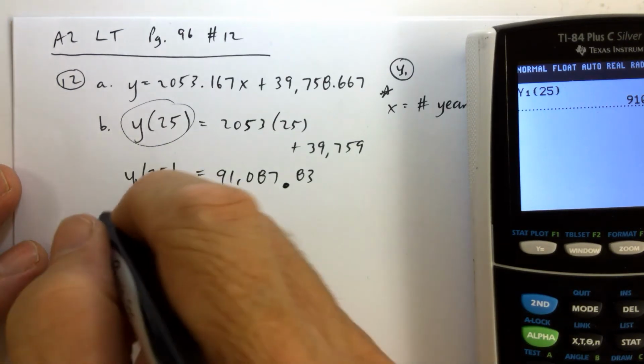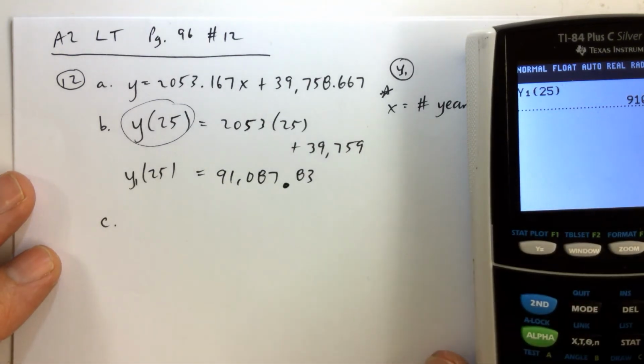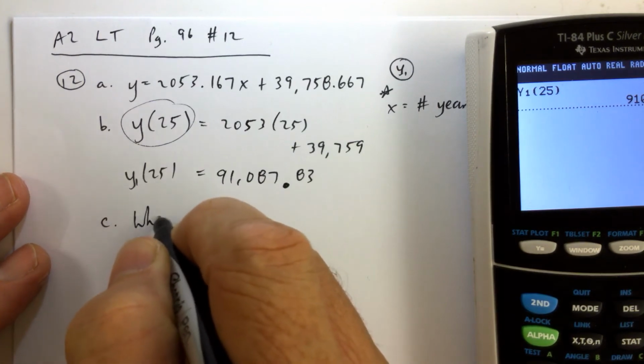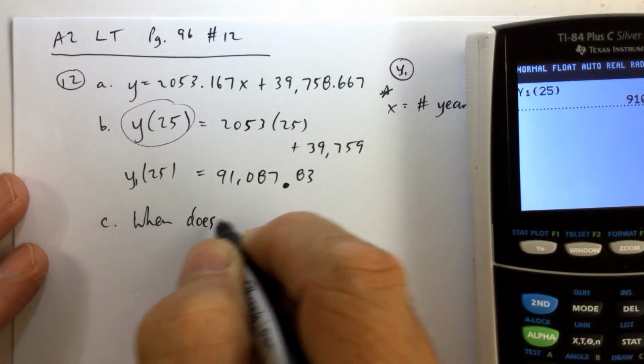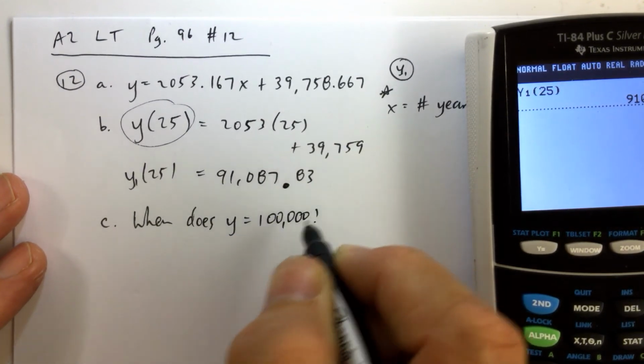And then it says use your linear model to predict when production is likely to reach 100,000 metric tons. So just past the year 2025, but what I want to find out is when does Y equal 100,000 metric tons?